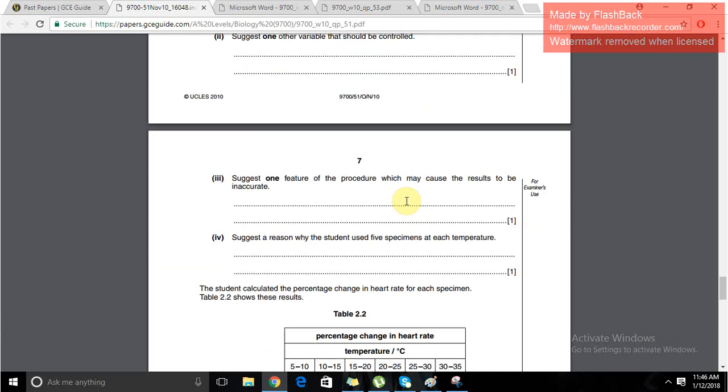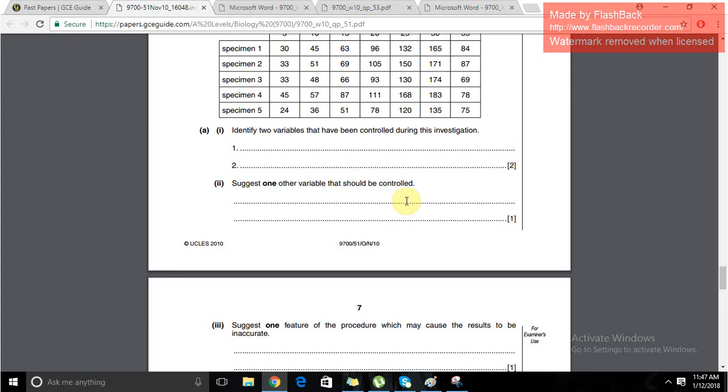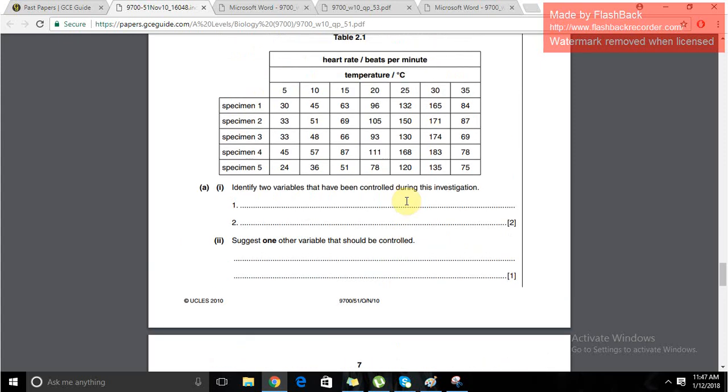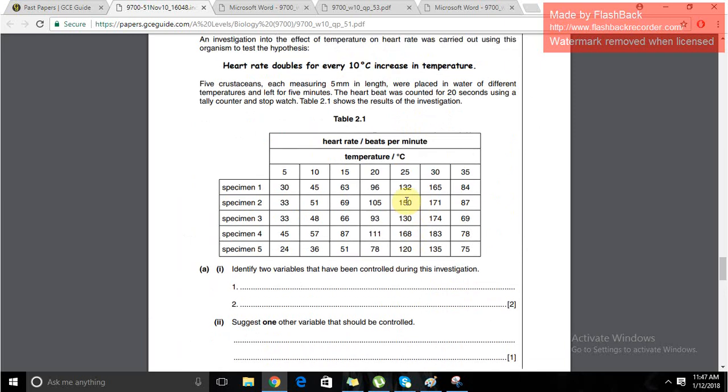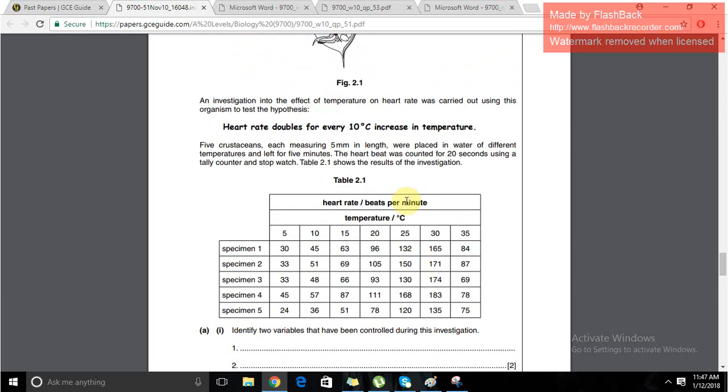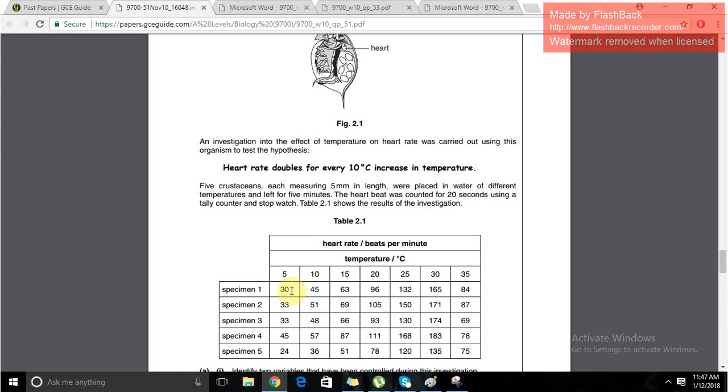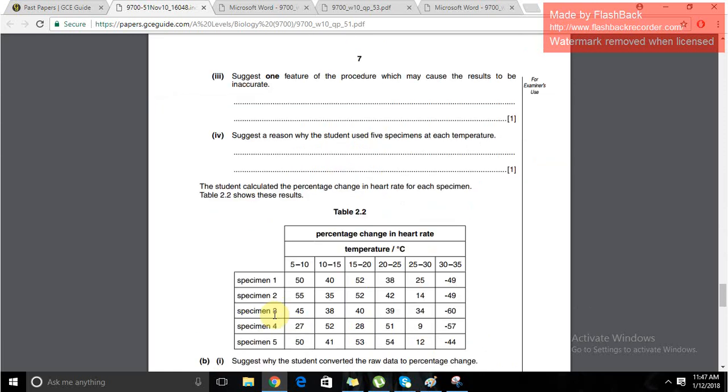One feature which may cause the results to be inaccurate: the sample size, we just have 1 crustacean for each temperature. Oh, because we only have 5 crustaceans, so the sample size isn't all that big.